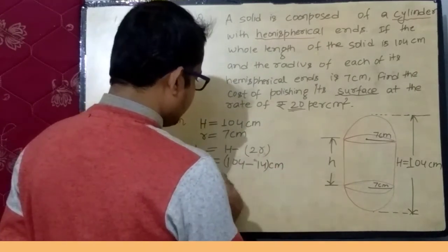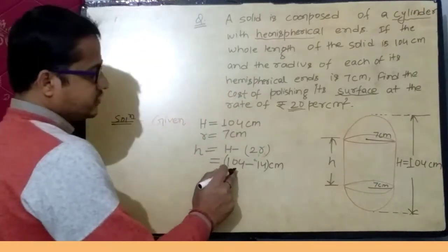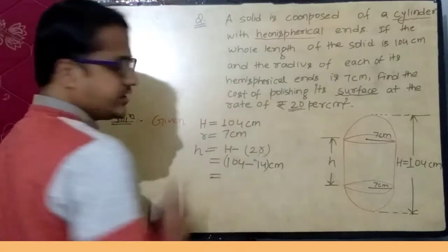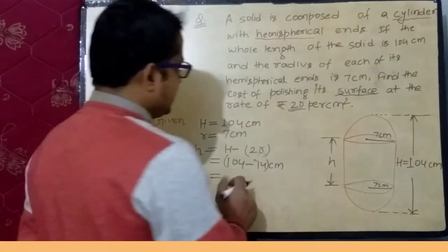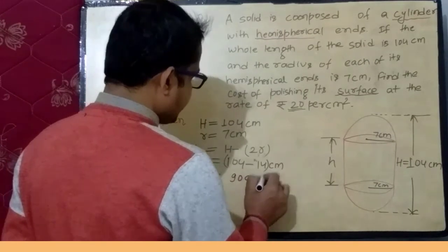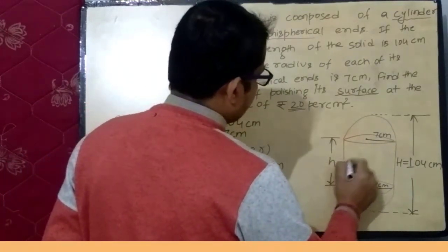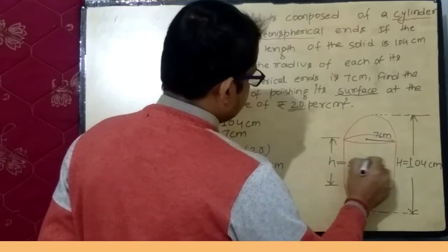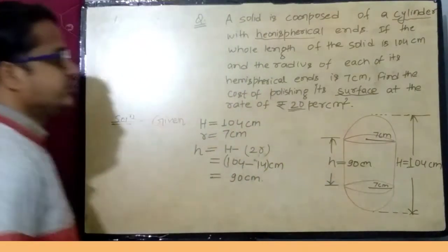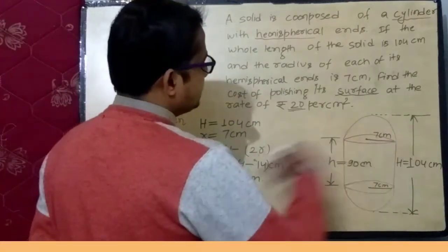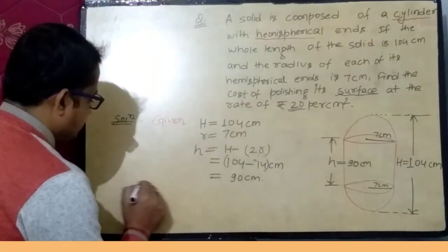You will get 104 minus 7 centimeter, add up 7 centimeter, that is 14 centimeter, and you will get 90 centimeter. So this small h, that is the height of this cylinder, is 90 centimeter.